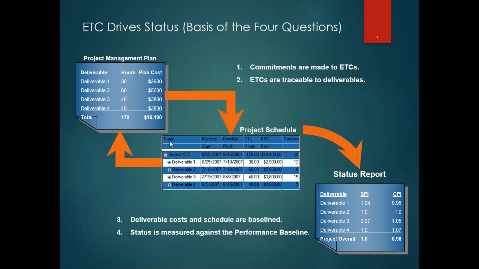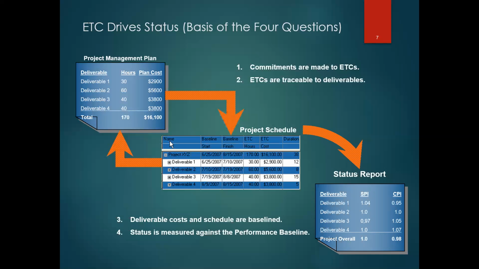And it makes your status reporting much more concise, because what you can do, you can say deliverable 1 looks great, its SPI is 1.04, its CPI is 0.95, we're good. Same with deliverable 2, and then I get my overall.